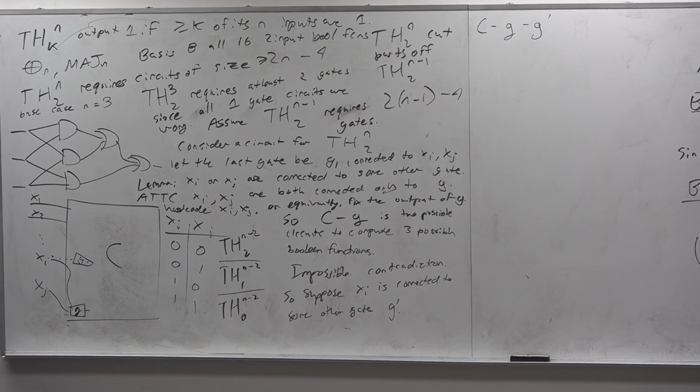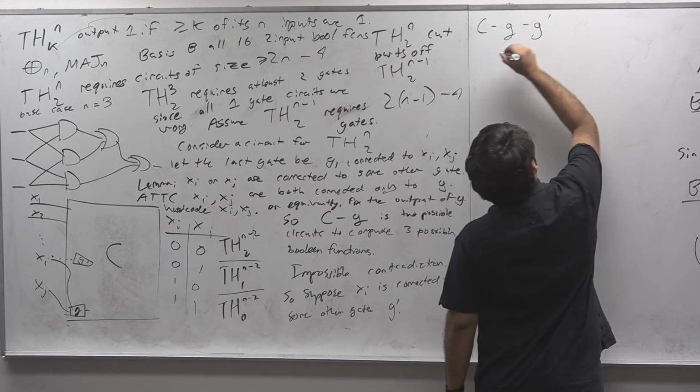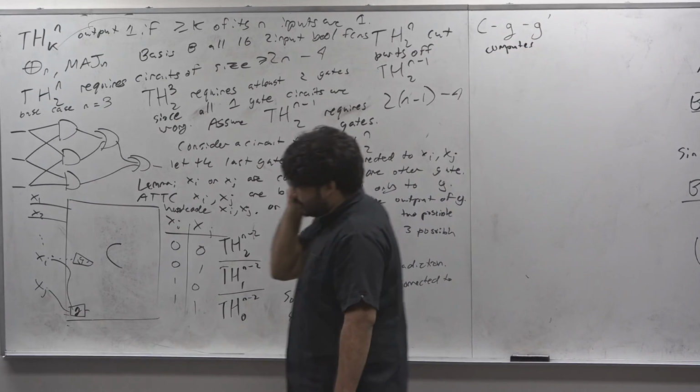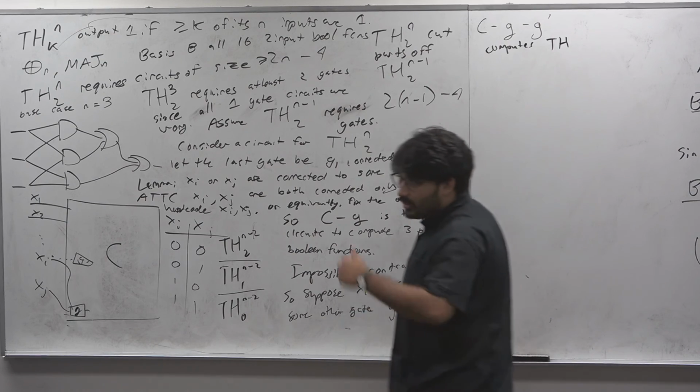This is part of the core of the proof, so I want to massage it for a second. I guess what I'm asking is, what Boolean function is computed by this? I'll even go farther. I claim it's a threshold function. For what inputs, what outputs?